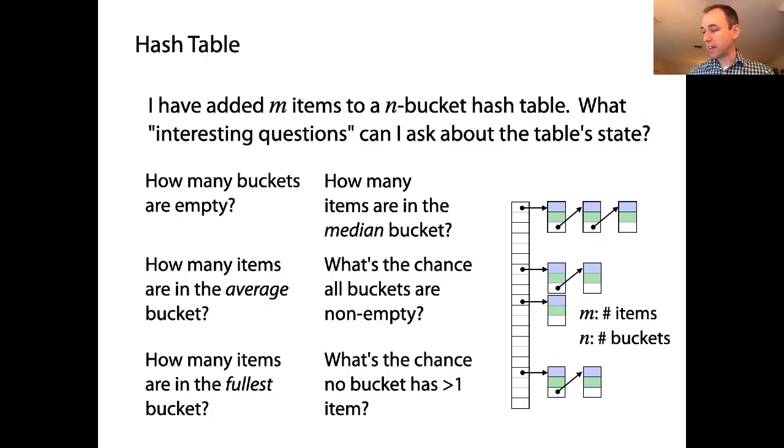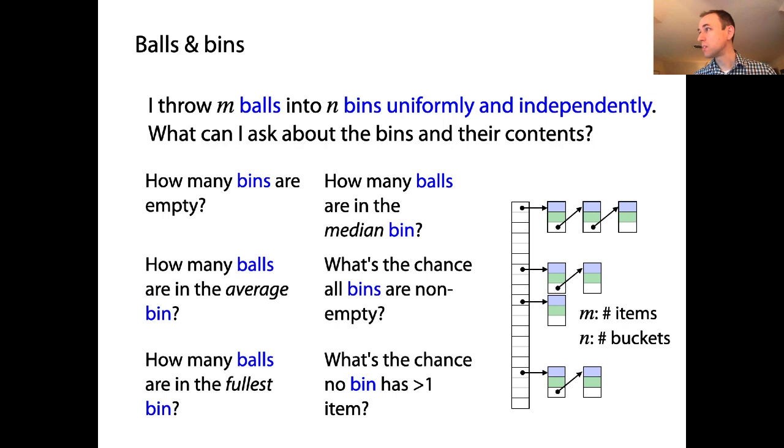Let's go back to that list of questions that we said we might want to ask to analyze the state of the hash table after we've added m items to an n bucket hash table. And we wrote down these interesting questions, right, in contrast to the not so interesting questions that we tried to answer without probability. And I'm just going to replace all the mentions of items with balls and all the mentions of buckets with bins and make a new slide.